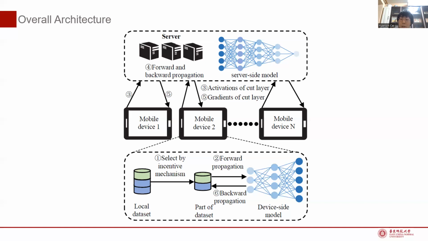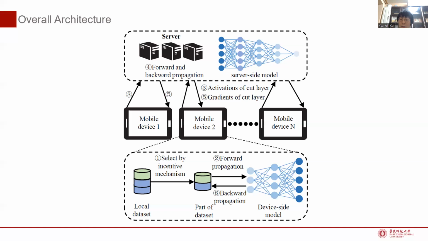After getting the gradients of the cutting layer, the server sends them to the corresponding devices in the 5th step. After receiving the gradients, the devices continue the back propagation. Finally, the parameters of all the models are updated. One round is completed in such a process. Repeat it until the model converges. This is the overall architecture of our algorithm.